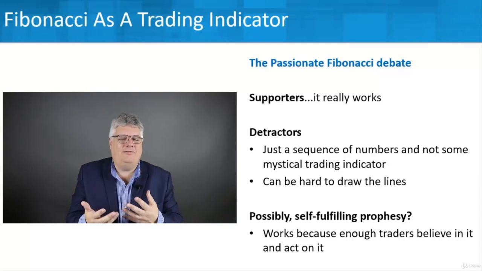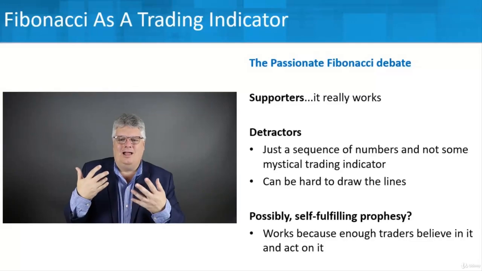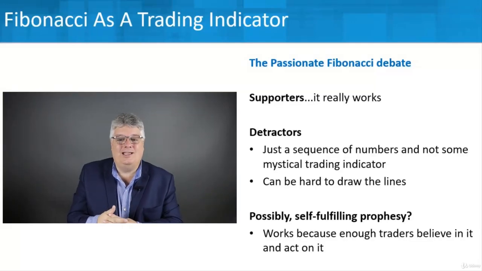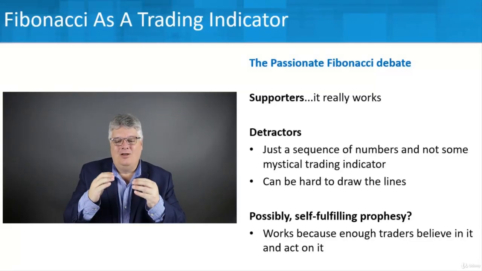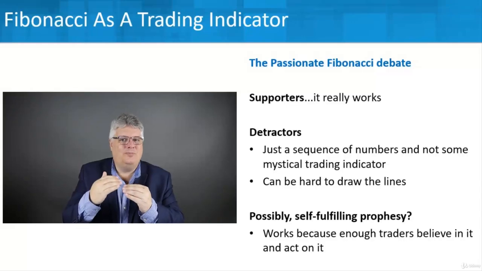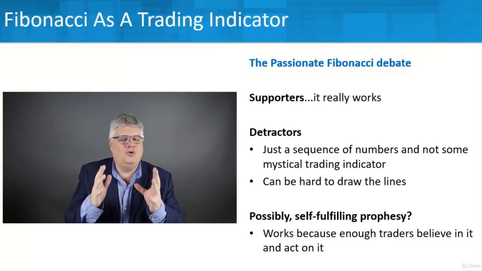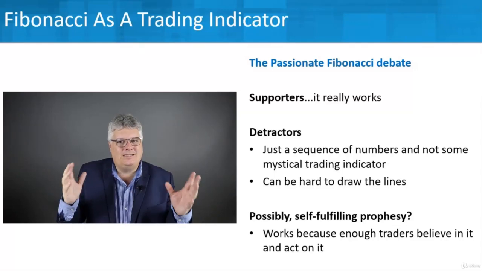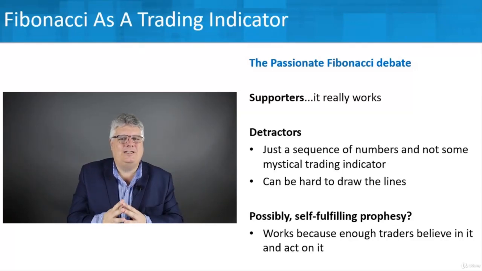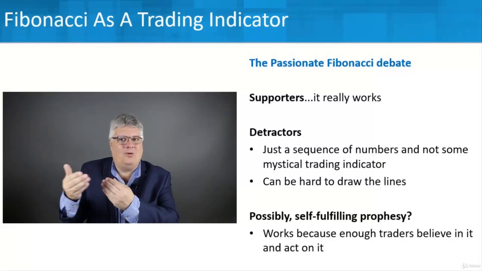And sometimes you have things in technical analysis, I think Fibonacci is one, where it can be kind of a self-fulfilling prophecy, right? Where it works because enough traders are using it and they believe it and act on it. So when a Fibonacci level is being approached or being broken through, there are a lot of people who believe in Fibonacci who see that and are doing things based on that. So when that happens, that means they're buying or they're selling based on that, and that's going to actually almost prove the indicator, because people are using it.